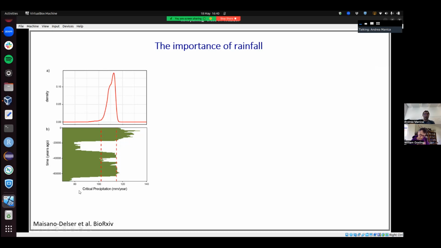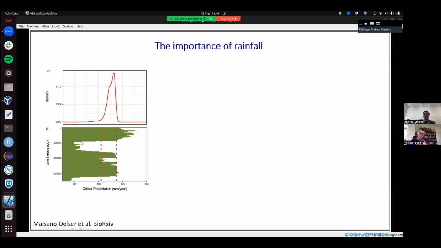And here is what that means if we look at the connectivity between Africa and Eurasia. In green, it is connected, and in white, it is not connected. If you needed a lot of rainfall for our model to put people in a certain place, there would be no connectivity between Africa and Eurasia.